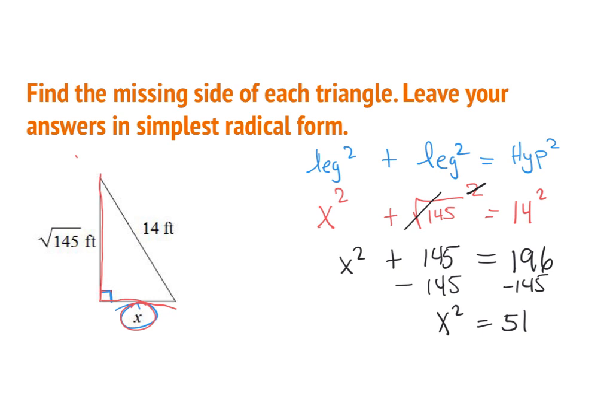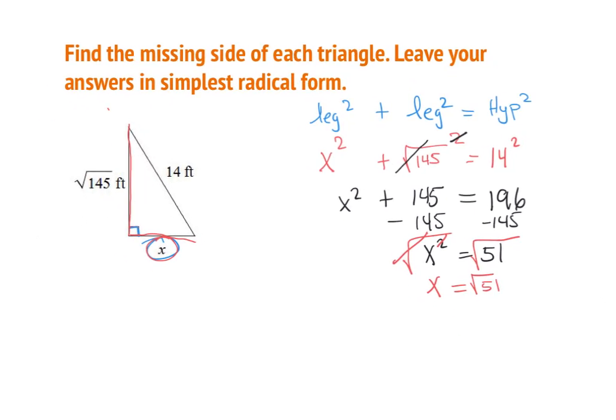Another important thing to note is, remember, we're trying to find the value of x, not x squared, so we need to get rid of that second power. The only way to get rid of the second power is to take the square root, because that will cancel each other out, and what you do on one side, you do on the other. So I'm left with x equals the square root of 51.